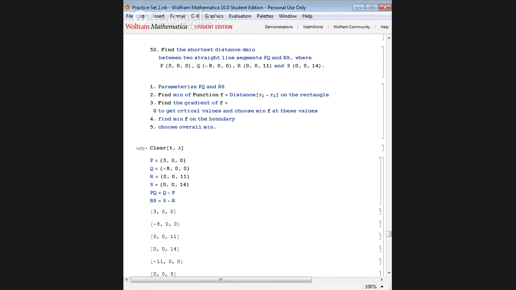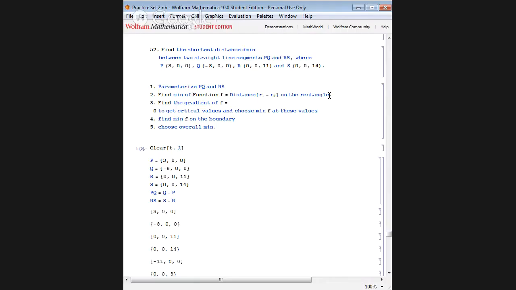Sonia, could you say what you thought about trying to solve that problem, or where you had gotten stuck? Well, I started out just parameterizing PQ and RS, which I didn't really have a problem with.